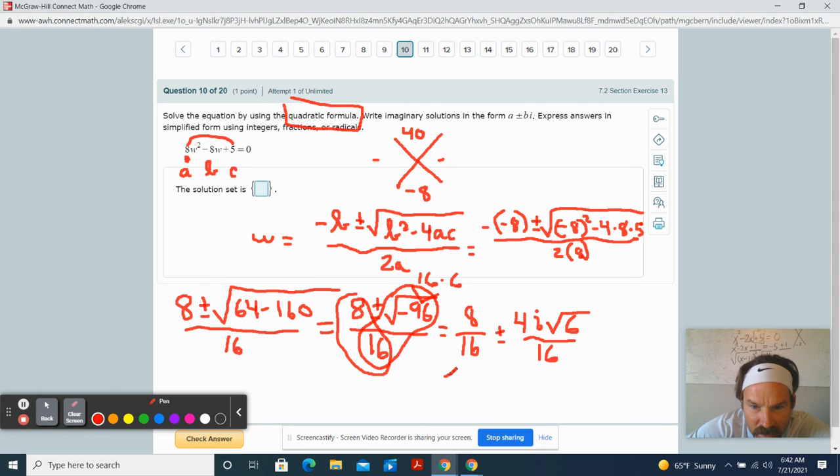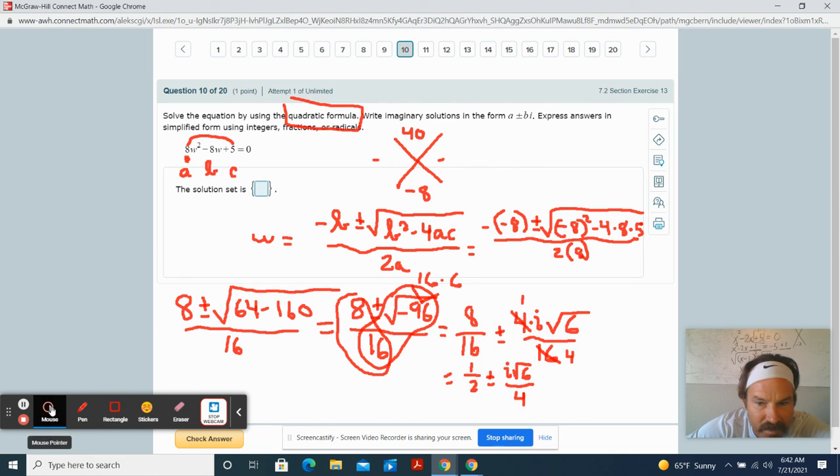So now this is equal to 1/2 plus or minus. That 4 and that 16 can cancel because there's no attachment there. That's all multiplication. So 4 goes into itself once and goes into 16 4 times. So we go i square root 6 over 4.